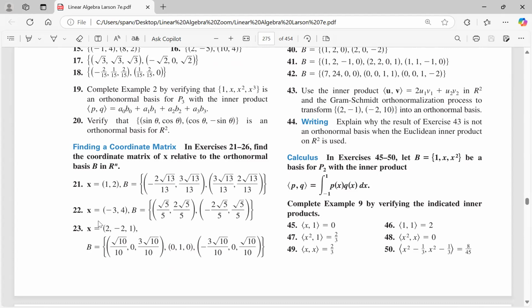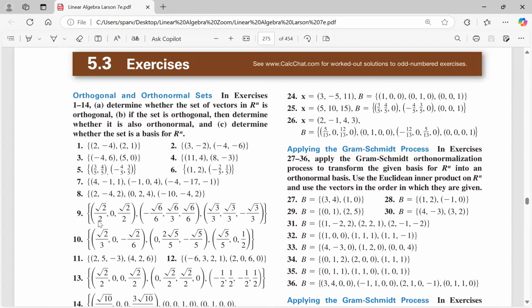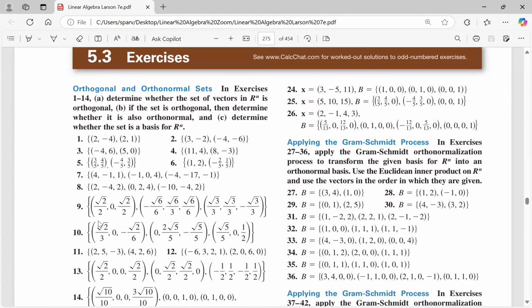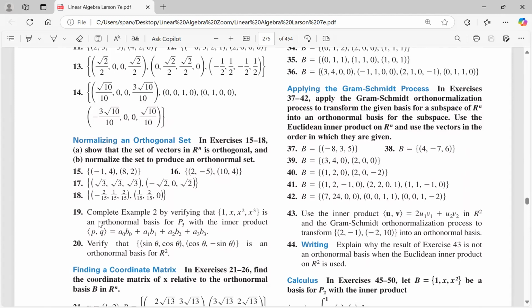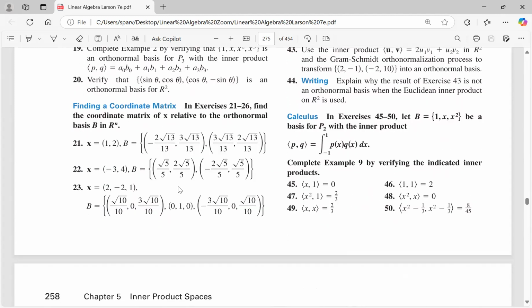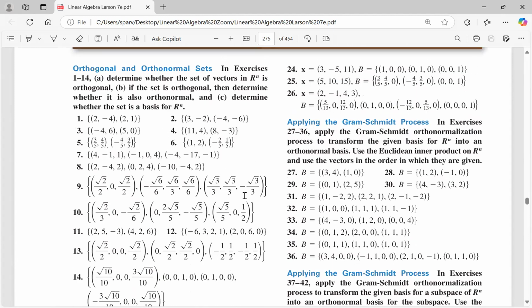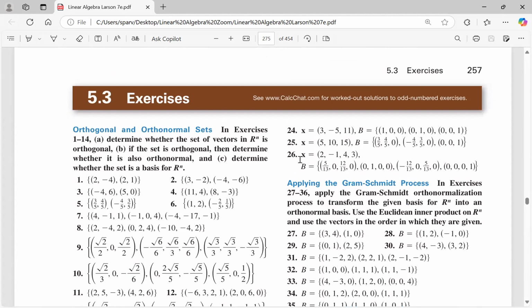Let's see if there's any better one than that. How about number 26? I'm thinking number 22 was fine, it's just all these radicals and stuff. Let's take a look at number 26.